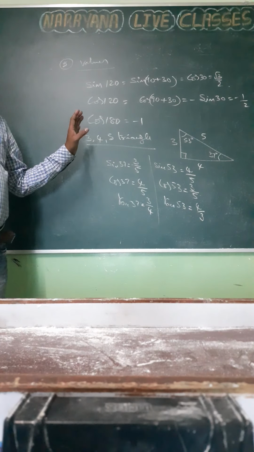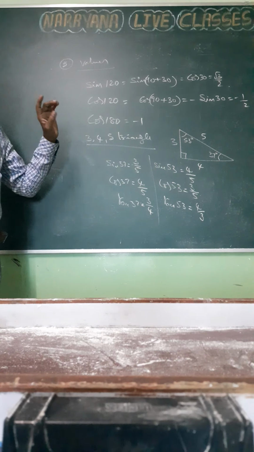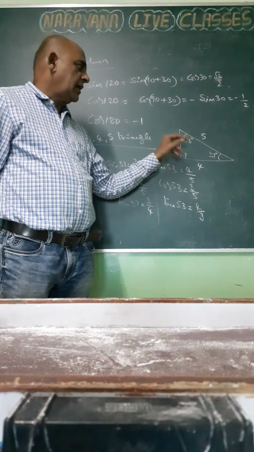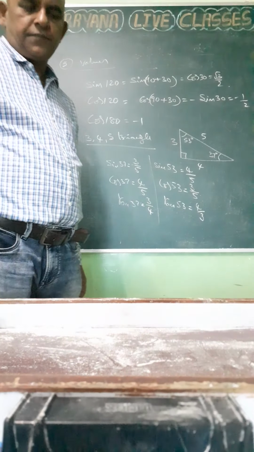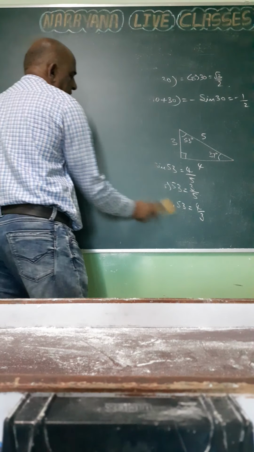So these are the 3, 4, 5 triangle, or 37 degrees and 53 degrees. We use these angles, 37 and 53, many times in physics. So this one is concept number 5.